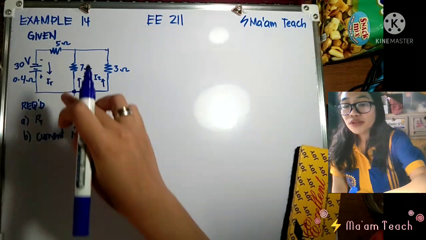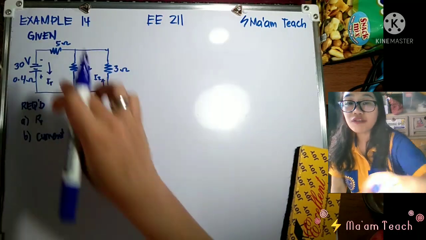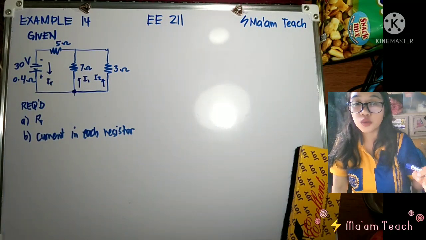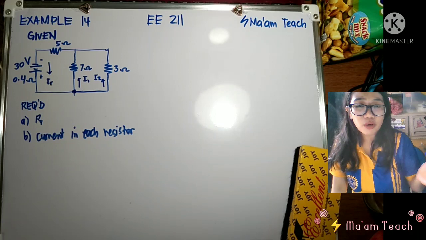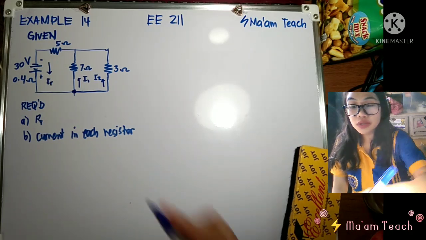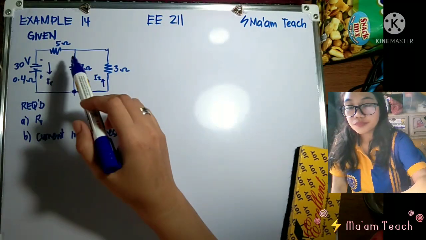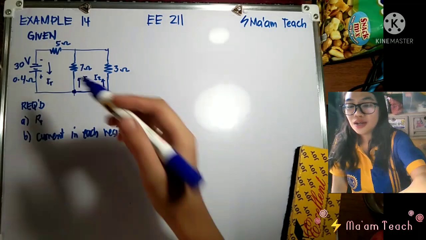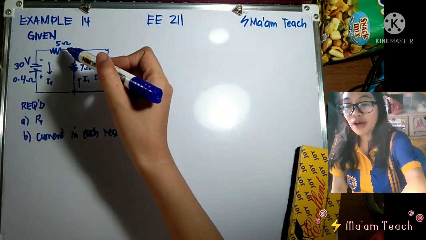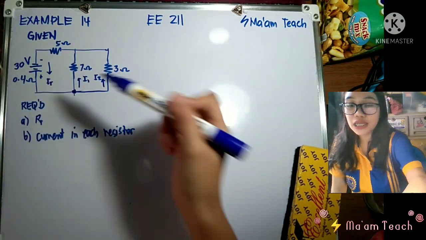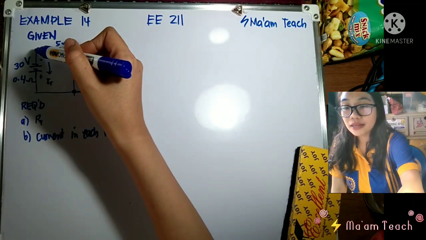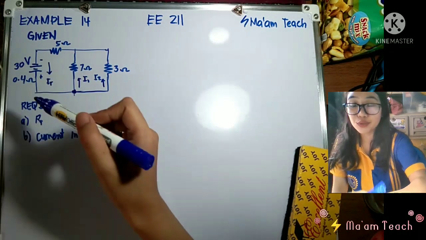Okay, now how about the current flowing here in the 5 ohms? Is it I sub 4 or I sub 3 whatsoever? As you can observe, the path which the 5 ohms is connected to is the same as the path that our supply is connected to.